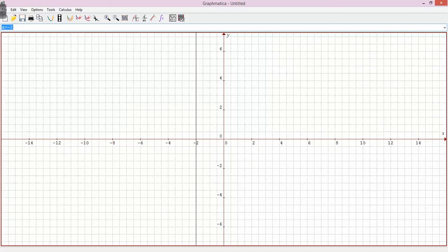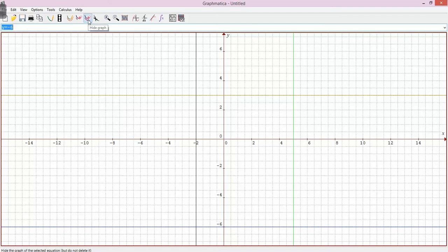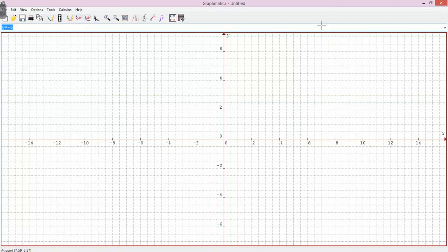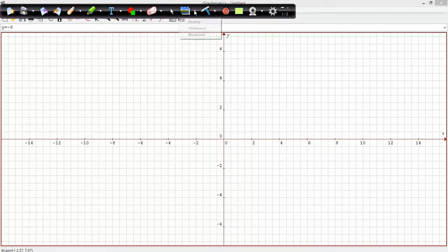As you can see there, we've got a vertical line through x equals -2, or if we say x equals 5, vertical line through 5, y equals 3, horizontal line through y equals 3, and let's do one negative, y equals, say, -6. There we go, line down here. Okay, so that's all good, sort of reinforces that. Let's clear that screen and we'll zip back here to where we're making those notes.